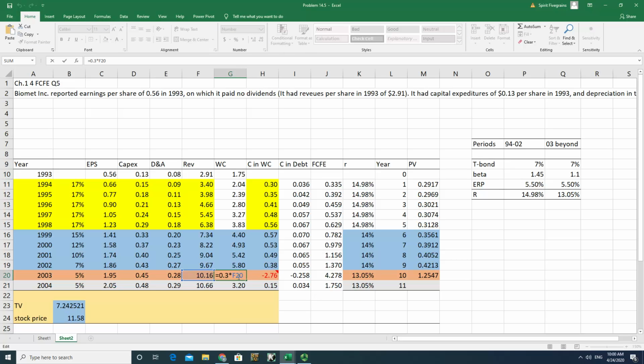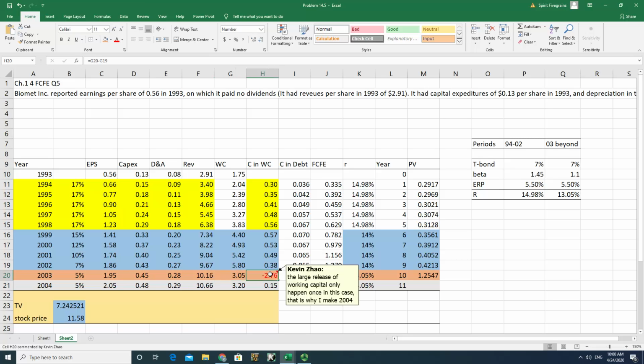Right? But in year 2003, the change in working capital declined to 30% of revenue. You see? Previously, working capital was 60% of revenue. In year 2003, revenue continued to increase, right? Your investment in working capital didn't increase because the percentage declined from 60% to 30%. And here is an odd number.